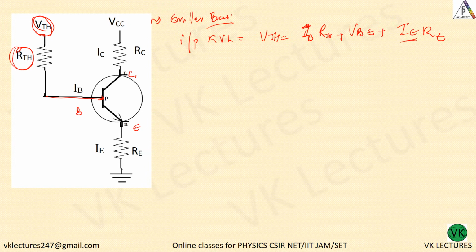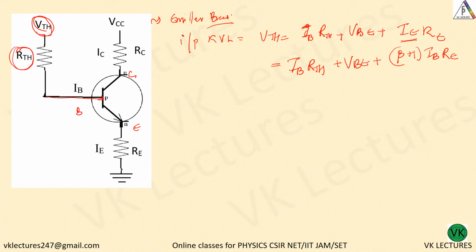In terms of beta, IE equal to beta plus 1 IB into RE. Now this, let it remain as IB into RTH plus VBE plus beta plus 1 into IB into RE.